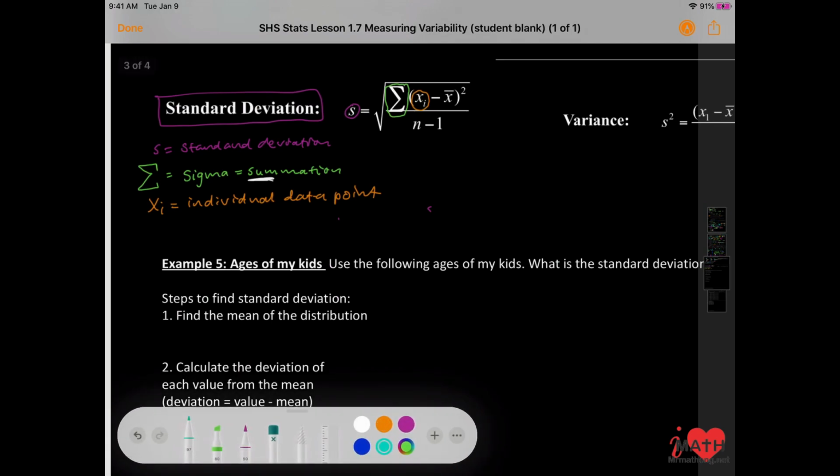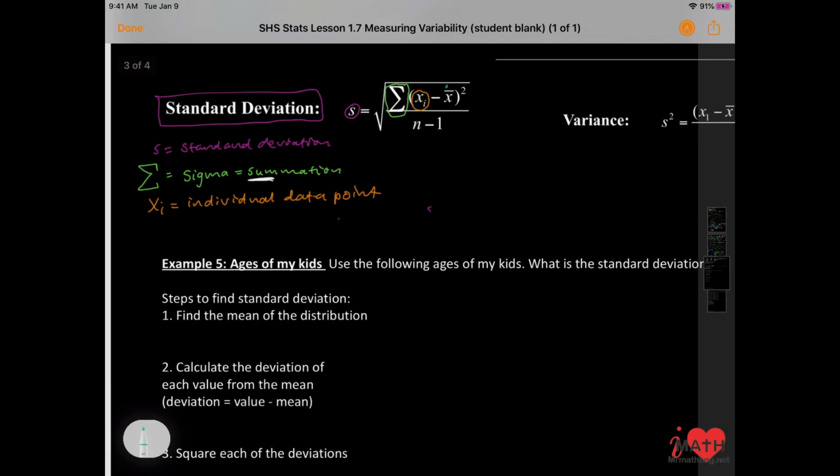Let's change colors here. That's called x bar. Do you guys know what that is? This is called the mean, or a simple word is average. But again, I'd rather use the word mean because it's more accurate.